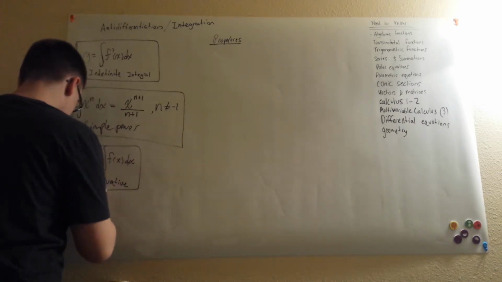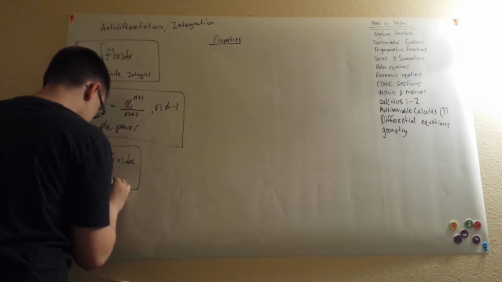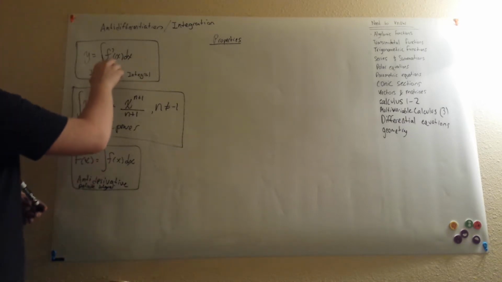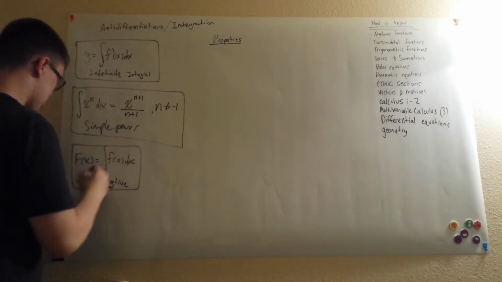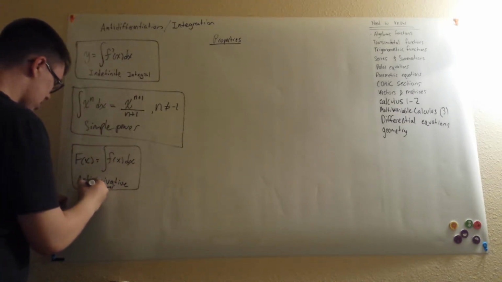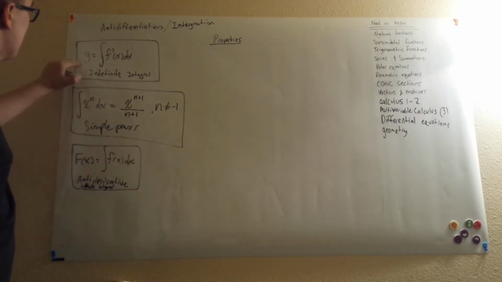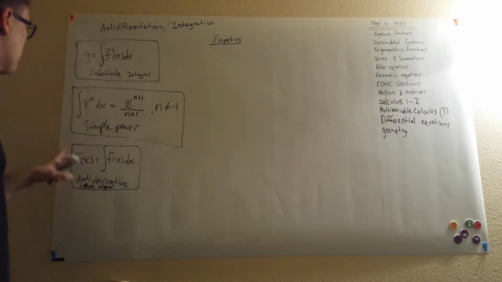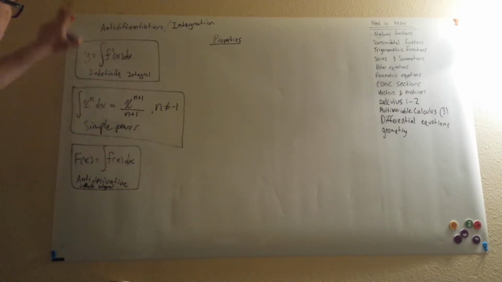That is a definite integral. It's just there's two different names. And sorry, that's indefinite. Indefinite. Anyways, this and this are saying the same thing, but this is putting emphasis that to undo a derivative, you have to integrate, and you'll get back your function y.